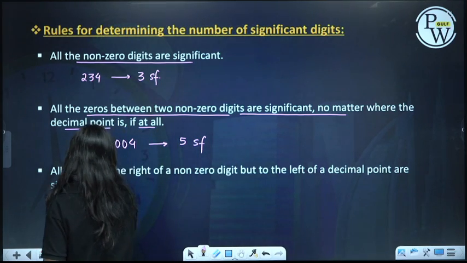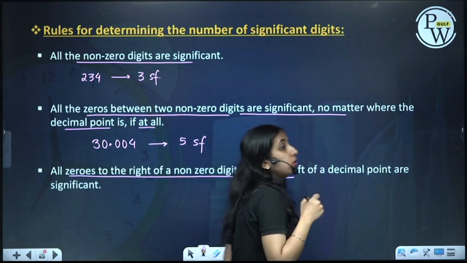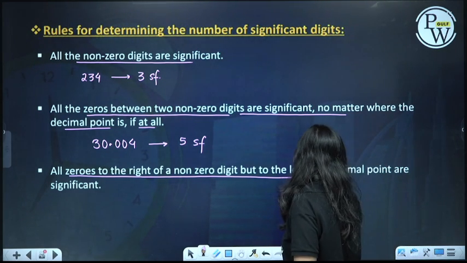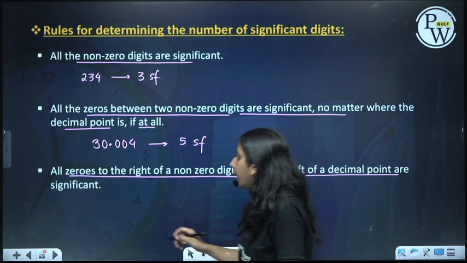Next, all zeros to the right of a non-zero digit but left of a decimal point are significant.